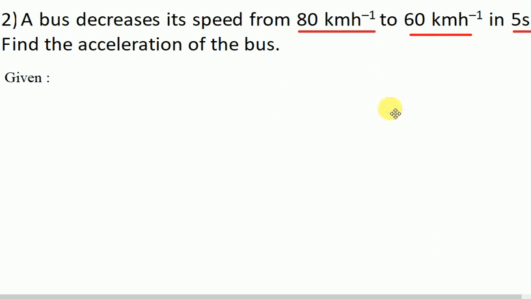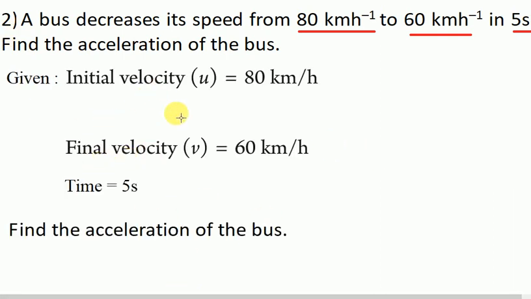Before substituting, let us write this in the given format, whatever information we have just collected from the question. So initial velocity is 80 km per hour, final velocity is 60 km per hour, time is 5 seconds, and we need to calculate the acceleration of the bus. Now before substituting the values, we need to see that final velocity is 60 km per hour. It is not 60 meter per second.